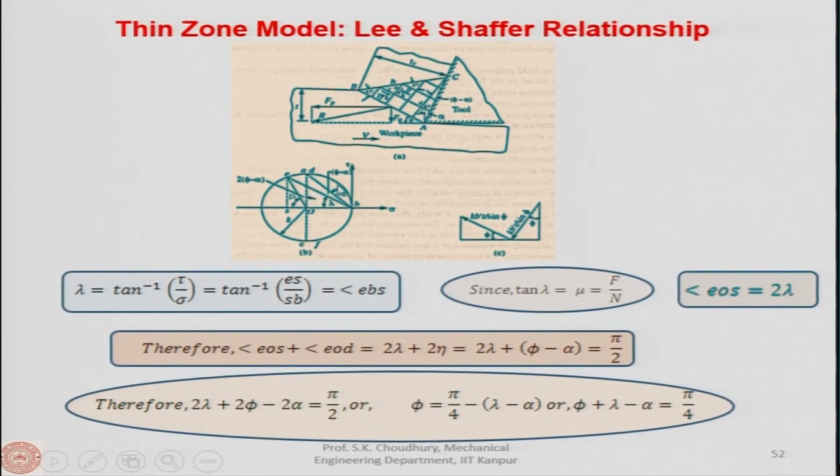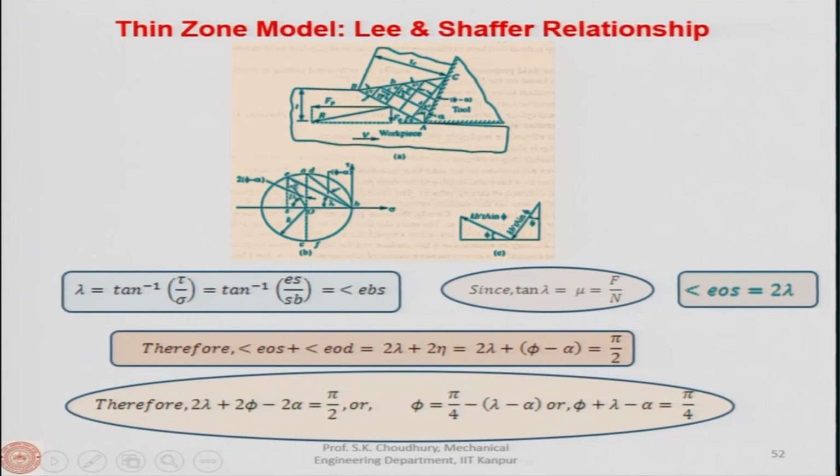Here this is the Mohr circle, where the vertical axis is the shear stress and the horizontal axis is the normal stress. So, this is the tau, and SB is the normal stress.